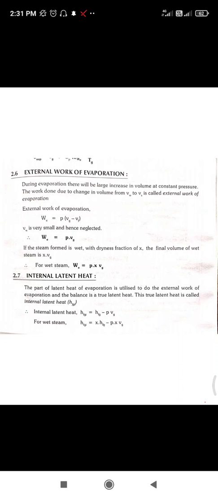The heat added above 0 degrees compensates the work of evaporation. Therefore, the internal energy of steam is obtained by subtracting the external work of evaporation from the total heat.